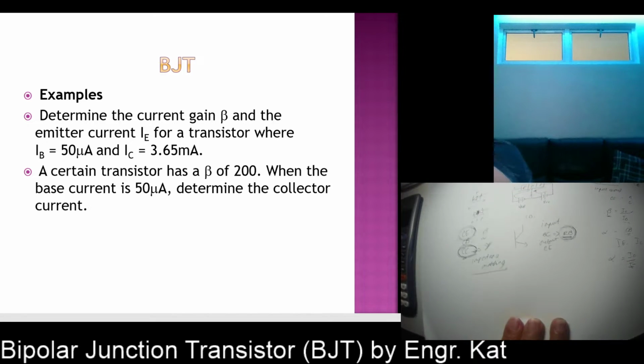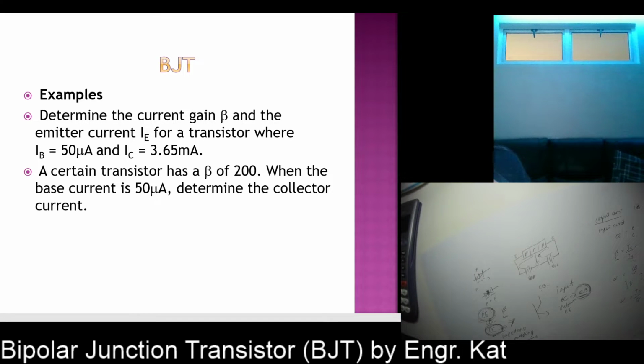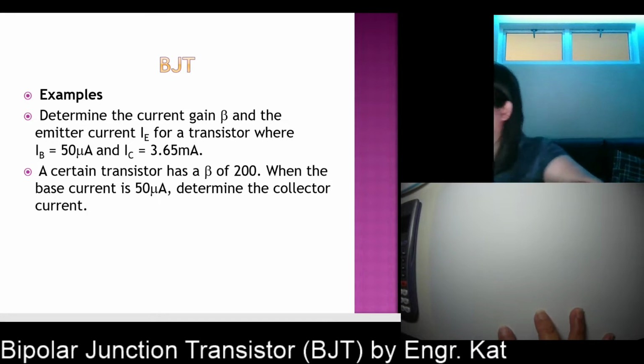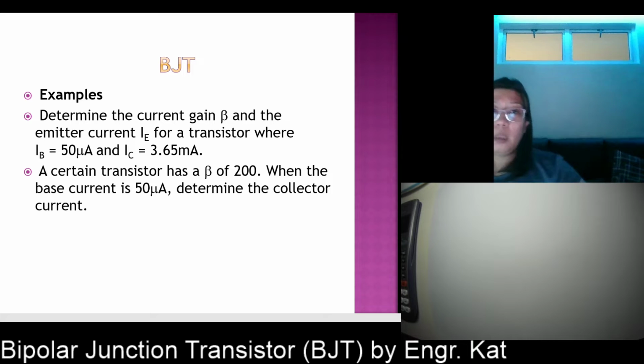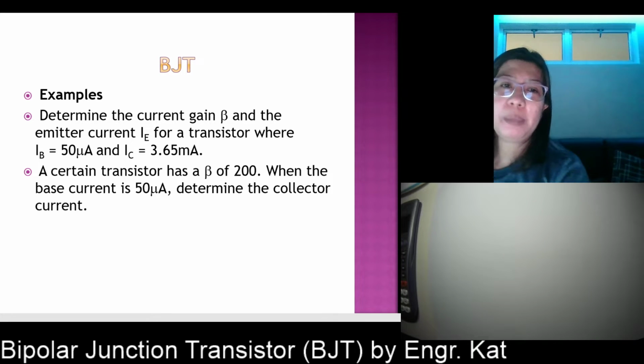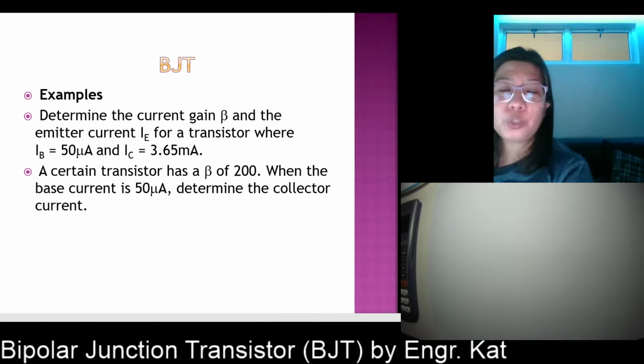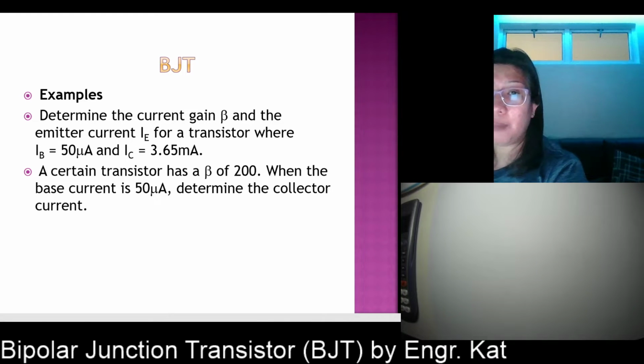So determine the current gain. You have to determine the current gain beta and the emitter current for a transistor where IB is 50 microampere and IC is equal to 3.65 milliampere. Okay, so I think this is direct substitution.